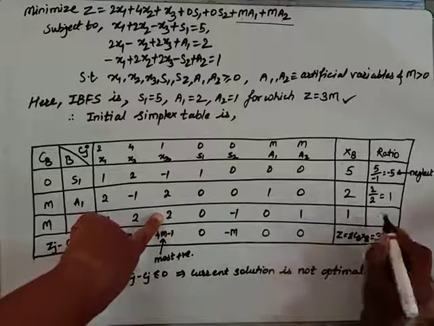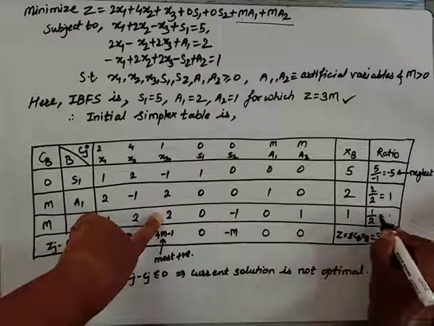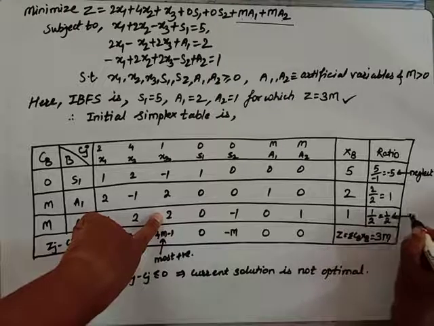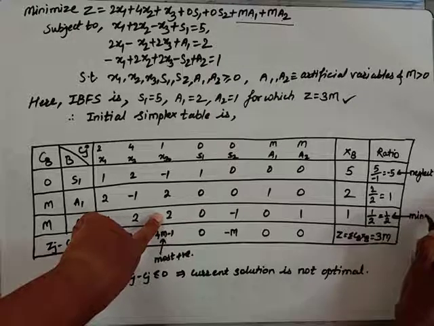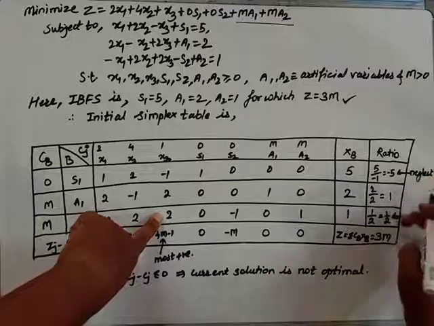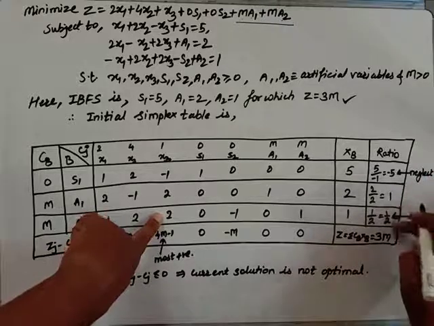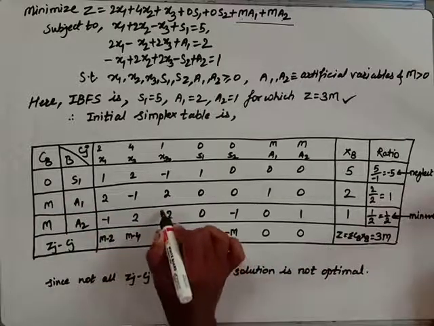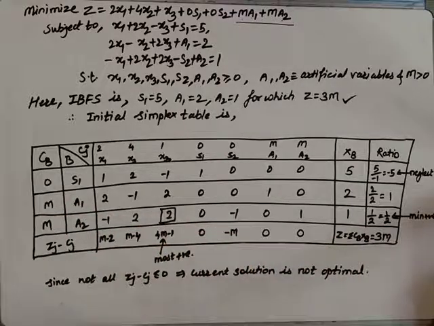Here 1 upon 2, so it is 1 by 2. This is the minimum positive. This one is neglected, so the choice is among these two. This is 1 and this is half. So half is minimum. So the minimum positive ratio is half.